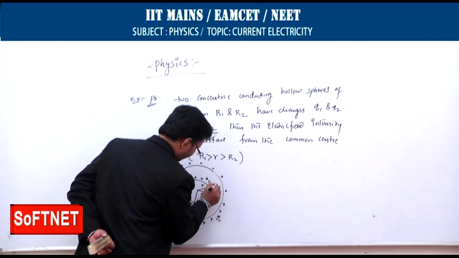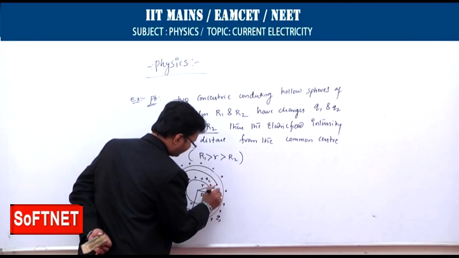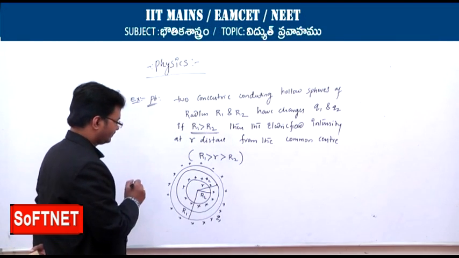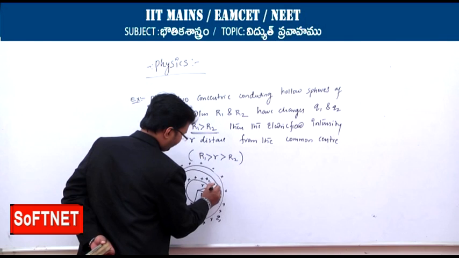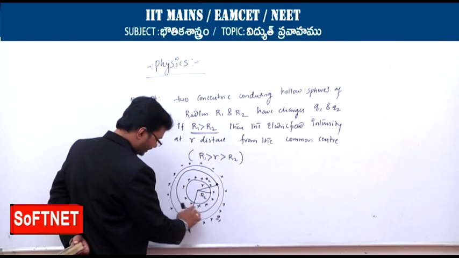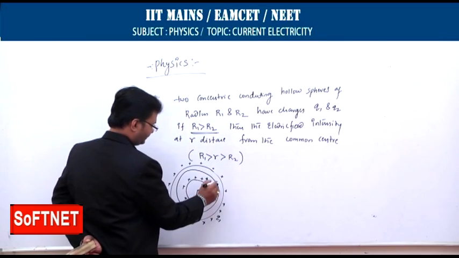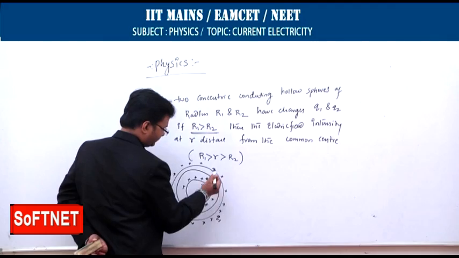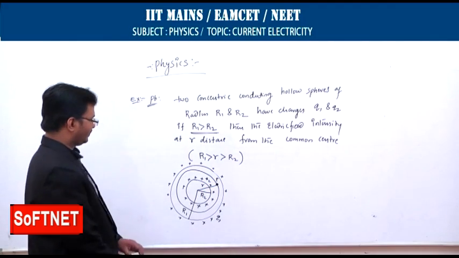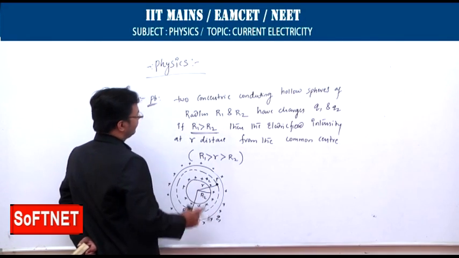Smaller distance. Now, assume a Gaussian surface. This point is outside of this spherical shell, inside of this spherical shell. Point P is on the Gaussian surface. At this point, we need to find the electric field intensity.